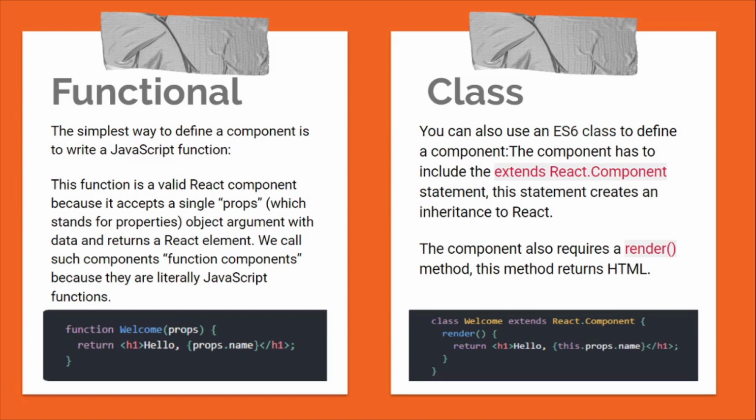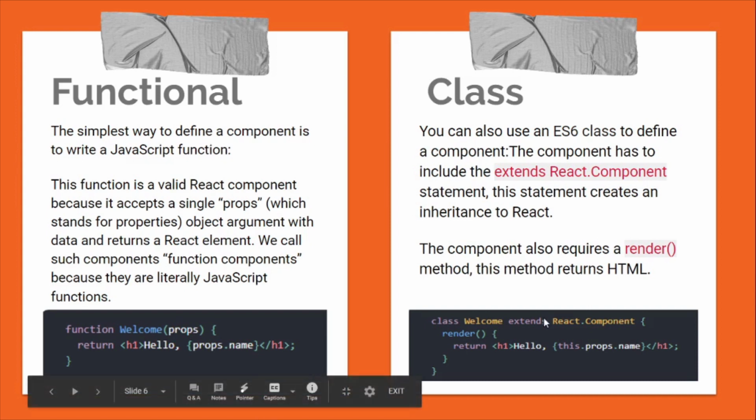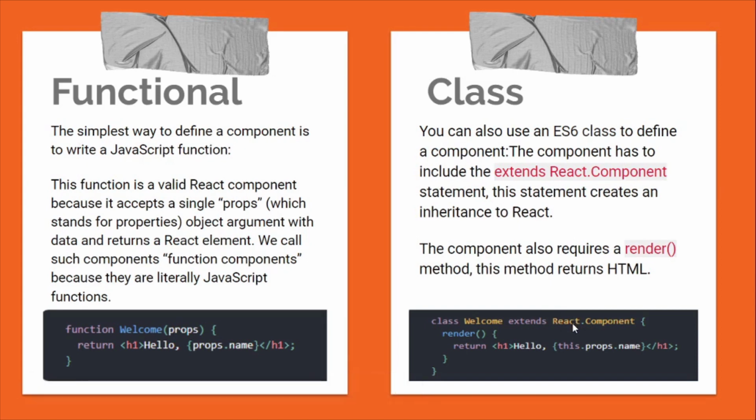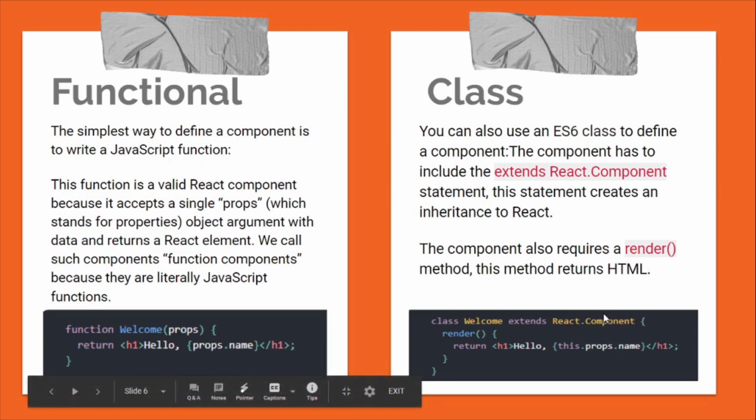There is another way we can define components in React that we call a class component, and this basically takes our ES6 syntax to create a class which will extend from React.Component. React is a library which will already be there when we do create-react-app, and from that we take a class called Component, and when I extend from there, I'll get some default methods.